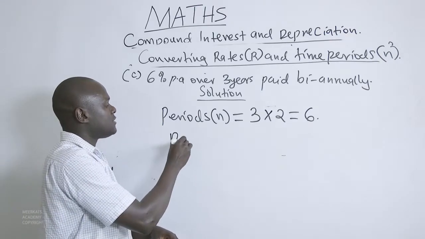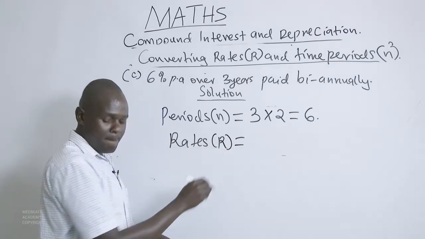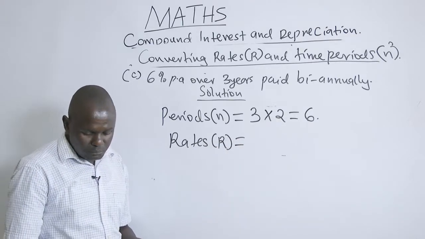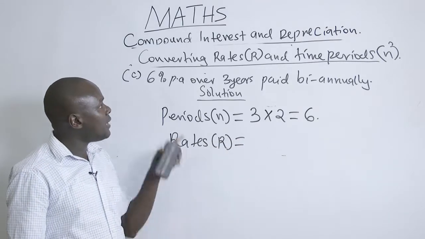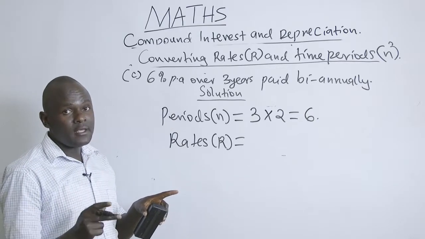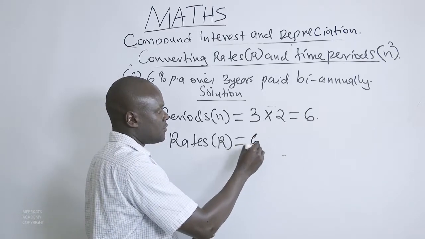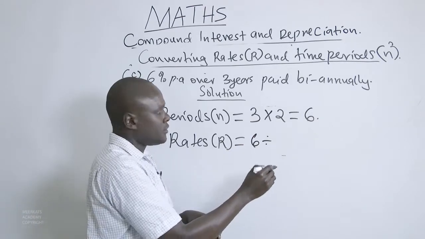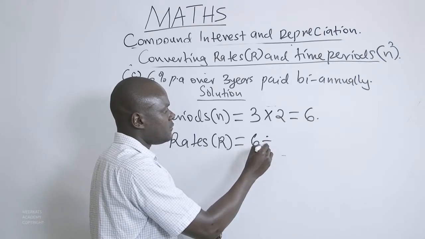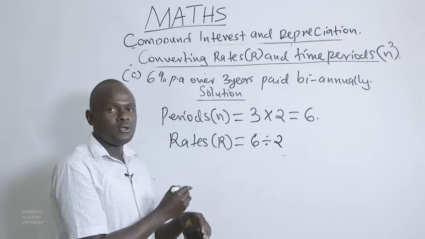And what are the rates per period? Remember, our rates are 6% per year. And in a year, they are making 2 payments. So for every period, or for every payment, the rates will be 6 divided by 2.